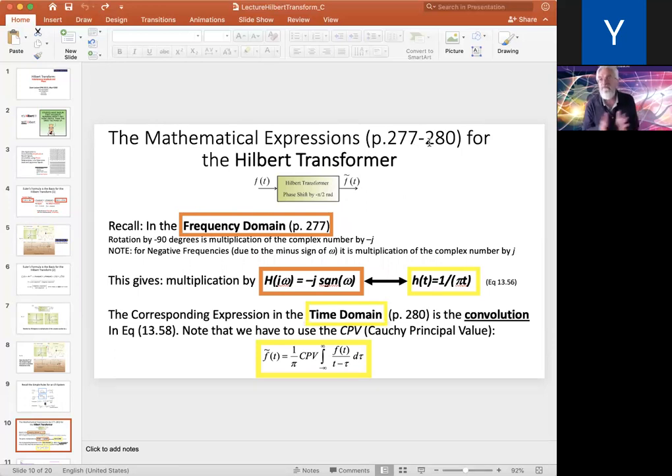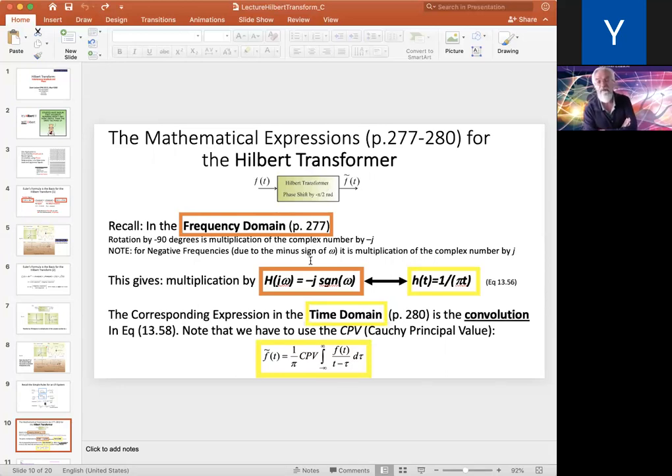So let's go back to what we had. We had a Hilbert transformer that transforms some sort of a signal f(t) into its Hilbert transform, f tilde(t). And recall that in the frequency domain, as we just discussed, we have a minus 90 degree multiplication, and that is nothing else than multiplying the complex number with minus j.